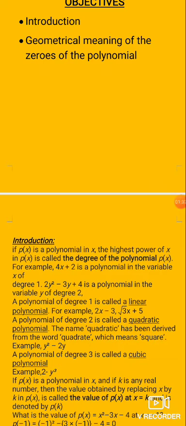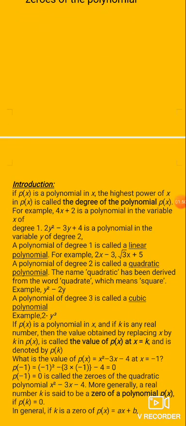The name quadratic has been derived from the word quadrate, which means square. Square we know, that is power 2. Example: y square minus 2y. A polynomial of degree 3 is called a cubic polynomial. Example: 2 minus y cube.